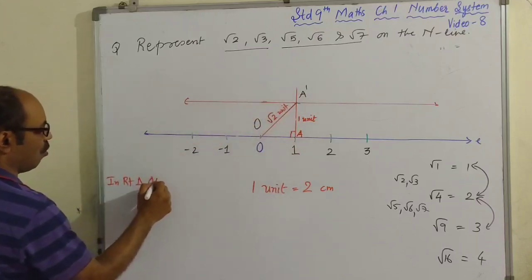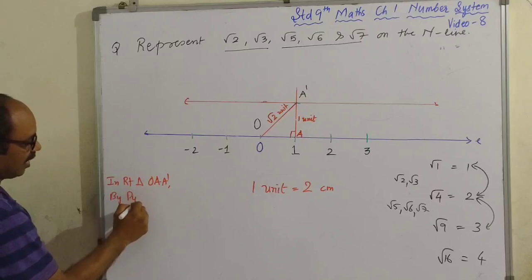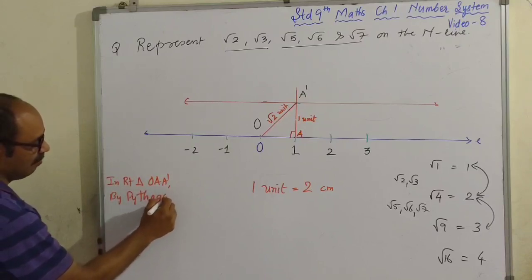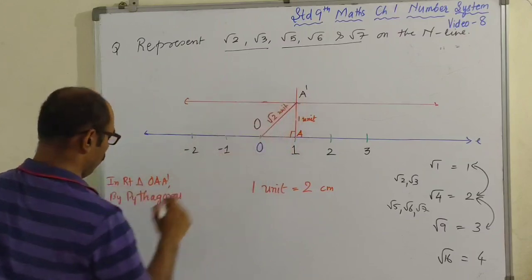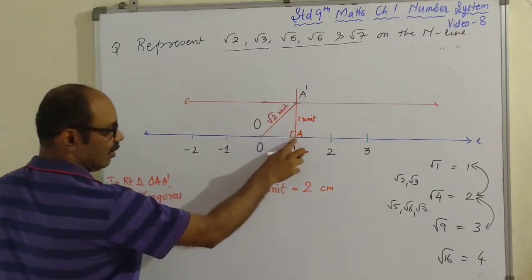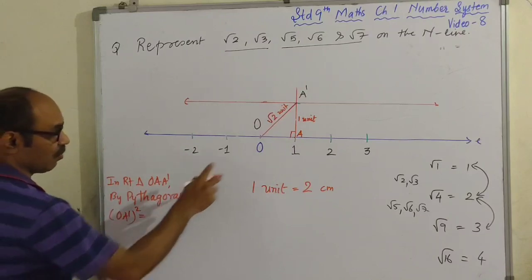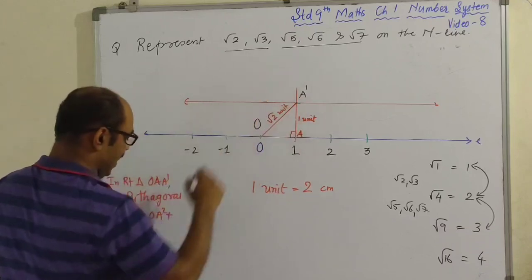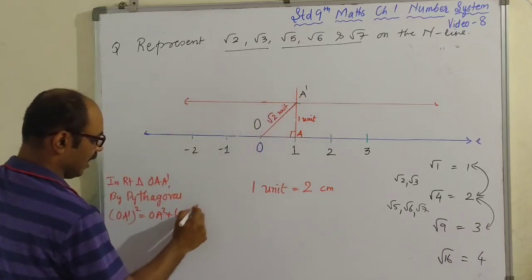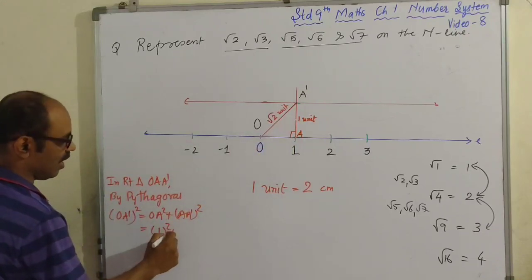OA dash, by Pythagoras. Tell me, which is the hypotenuse? O, this is the right angle, the side opposite to it. OA dash square is equal to OA square plus AA dash square. Correct? Now OA is 1 unit, so 1 square.